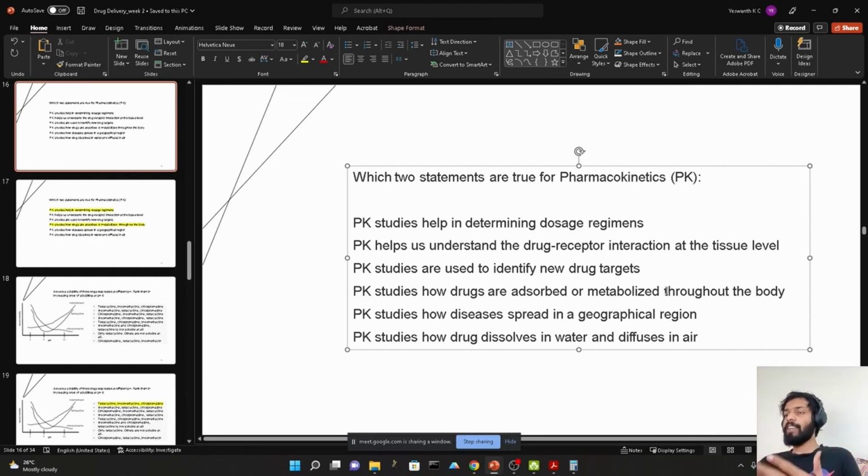When the drug is having an effect on your body, for example, binding to a target, blocking a receptor, or activating a receptor, all these come under pharmacodynamics because the drug is doing something to your body. So how a drug is absorbed, metabolized, and excreted all come under pharmacokinetics.